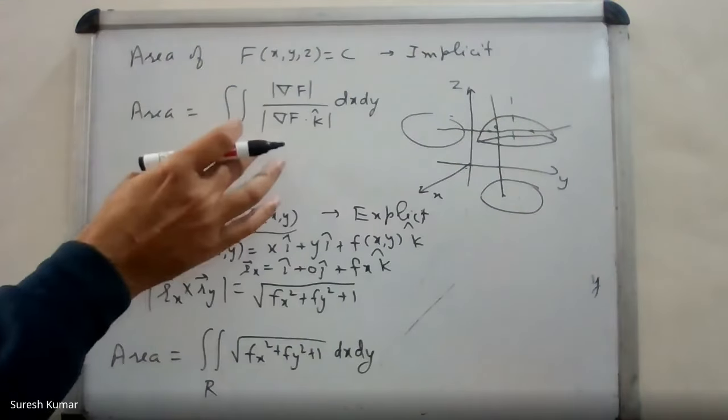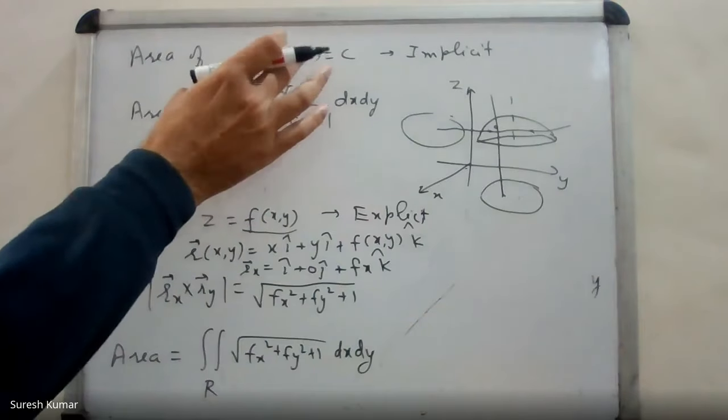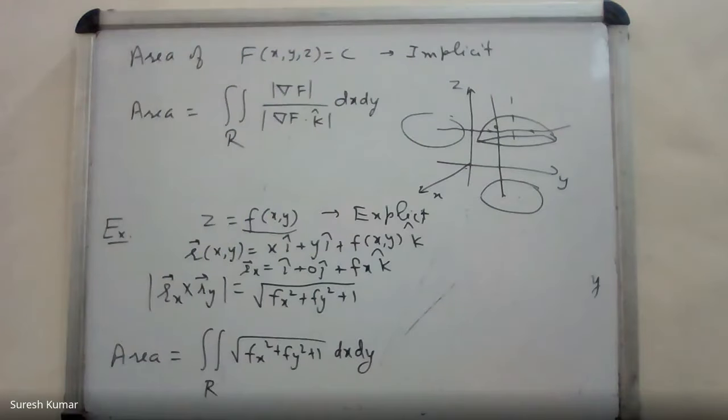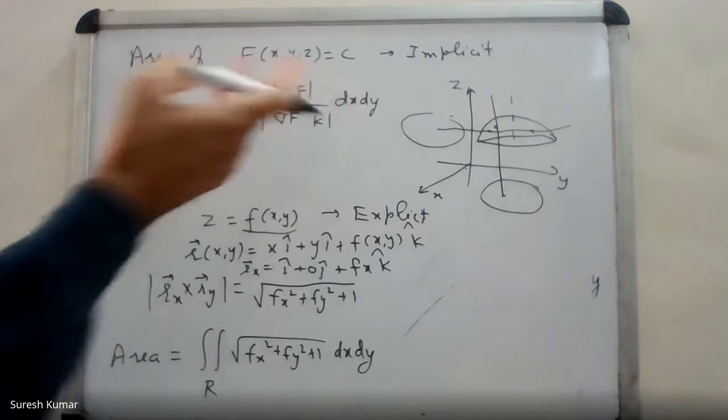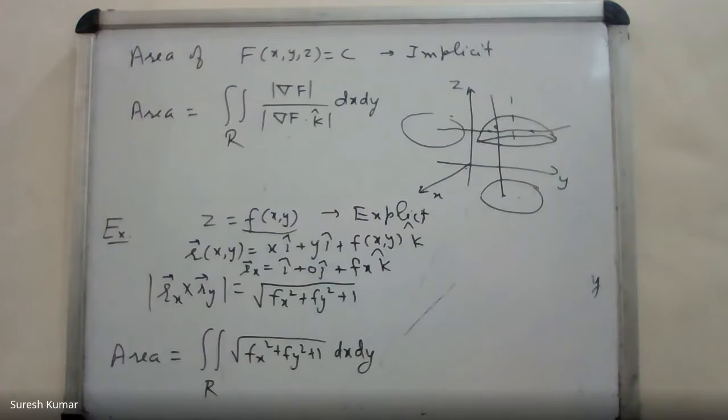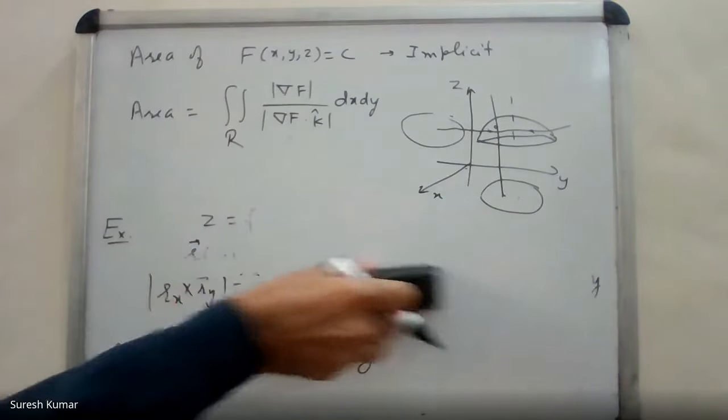Alright, so suppose you have projected your implicit surface on the xy plane, then this is the formula. Likewise, you can write formulas if you have taken the projection on the yz plane or zx plane. So let's do a problem using both these, you will get the same result.